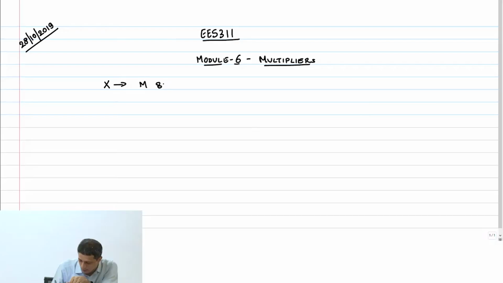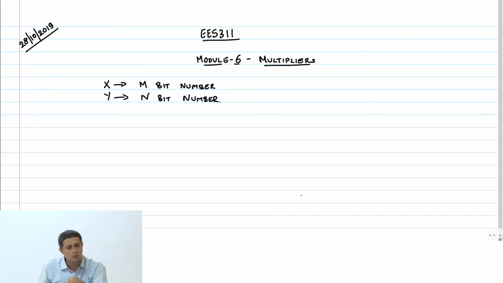So I have x, which is, let's say, an m bit number, and y, which is an n bit number. I'm going to assume that both these numbers are unsigned.